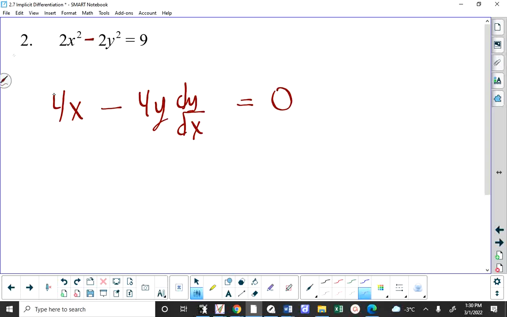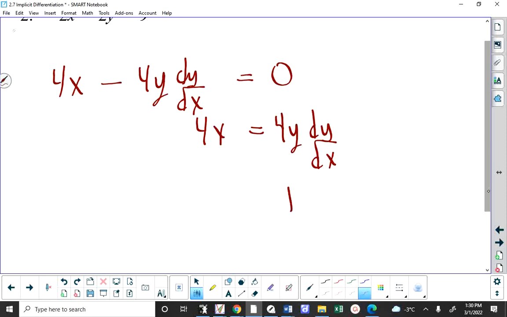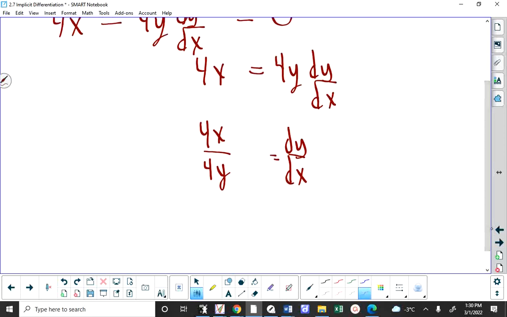I'm going to move my negative dy/dx term to the right-hand side and get 4y dy/dx. That just means 4y multiplied by dy/dx equals 4x. I can divide both sides now by 4y. Don't forget, I'm trying to get dy/dx by itself. I get 4x over 4y. Well, this is really interesting. I find stuff like this interesting. You don't have to.